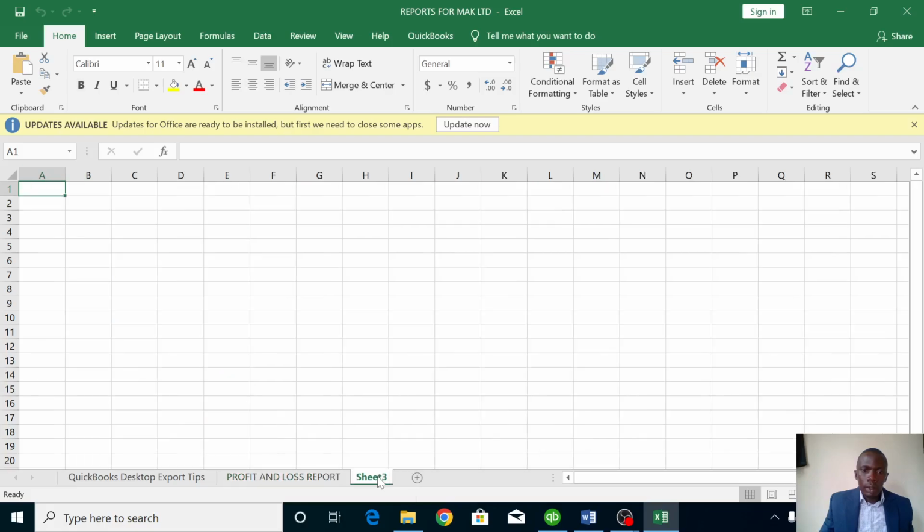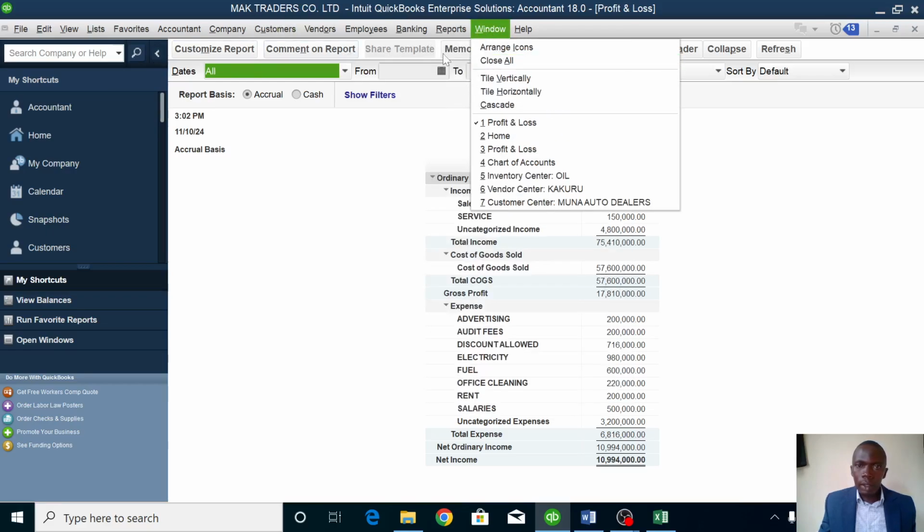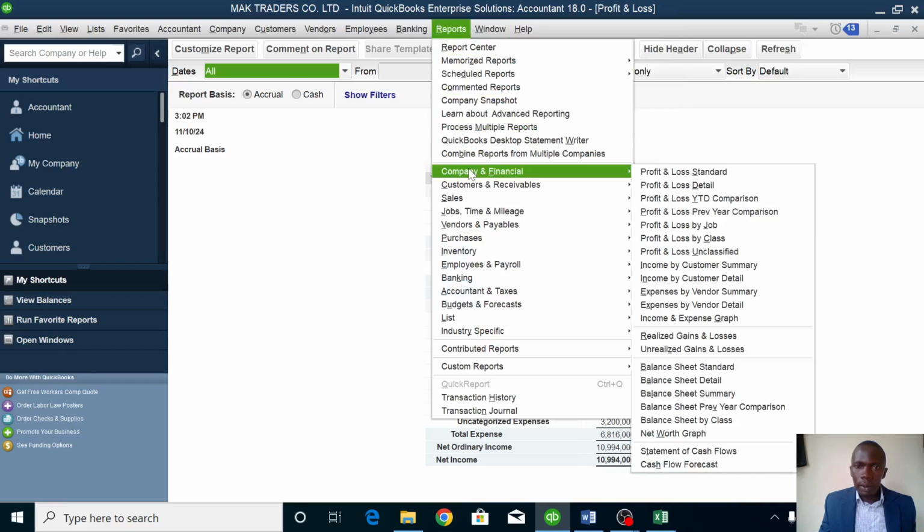So we can create another worksheet and go back to our QuickBooks. We have to export also. We have to extract our statement of financial position. We go back to reports. We go to company and financial.